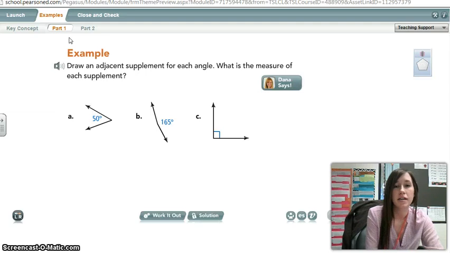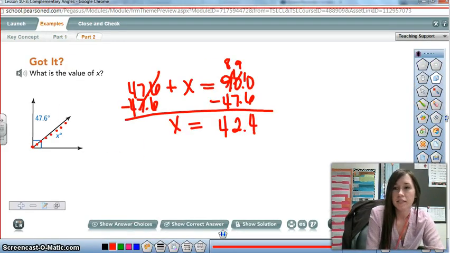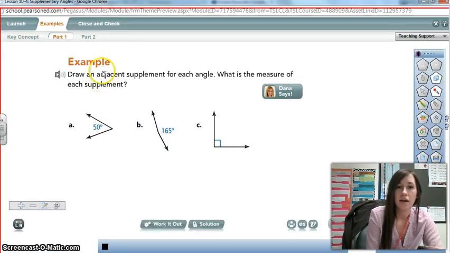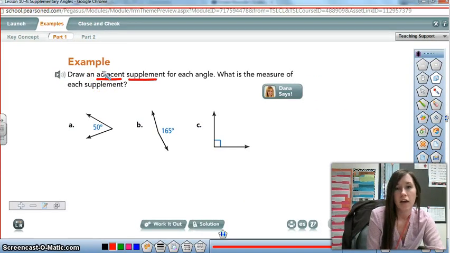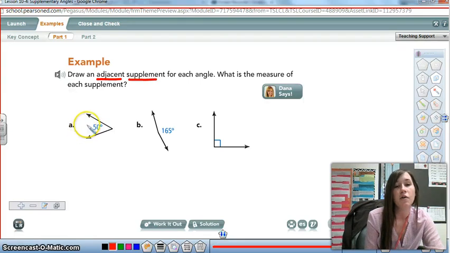Our first task is to sketch or draw adjacent and supplementary angles for each of our examples. So I'll get you started on the first one. This angle we have is 50 degrees. If we want to draw an angle that's supplementary, we would need another angle that would add with this 50-degree angle to make 180 degrees.